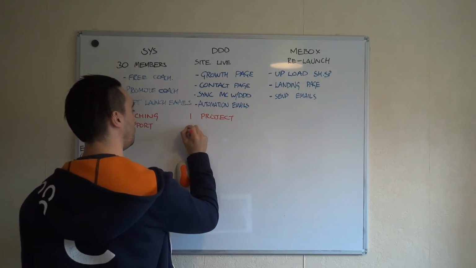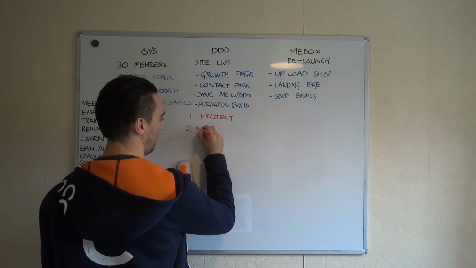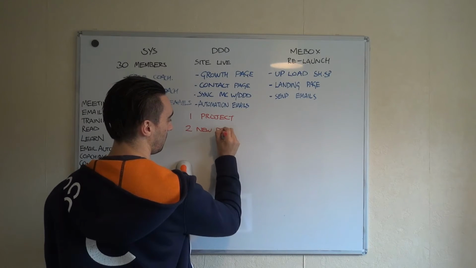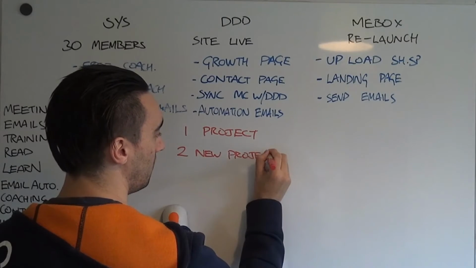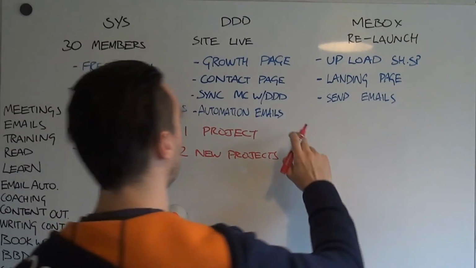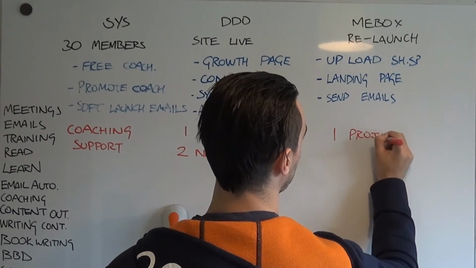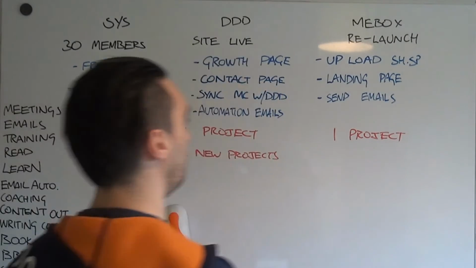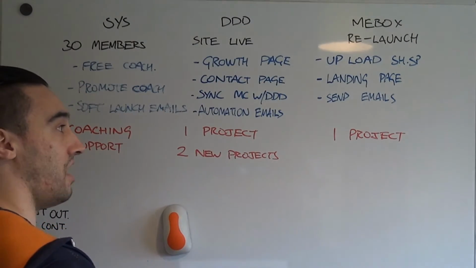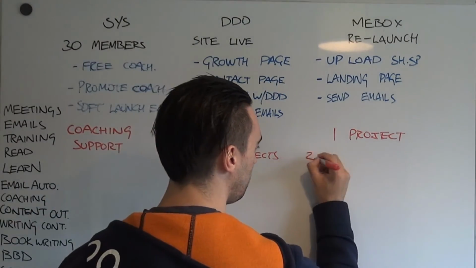But we've also got 2 new projects coming in, which I need to take care of. One of these is also one project. And I think we've got 2 or 3 coming in for this.